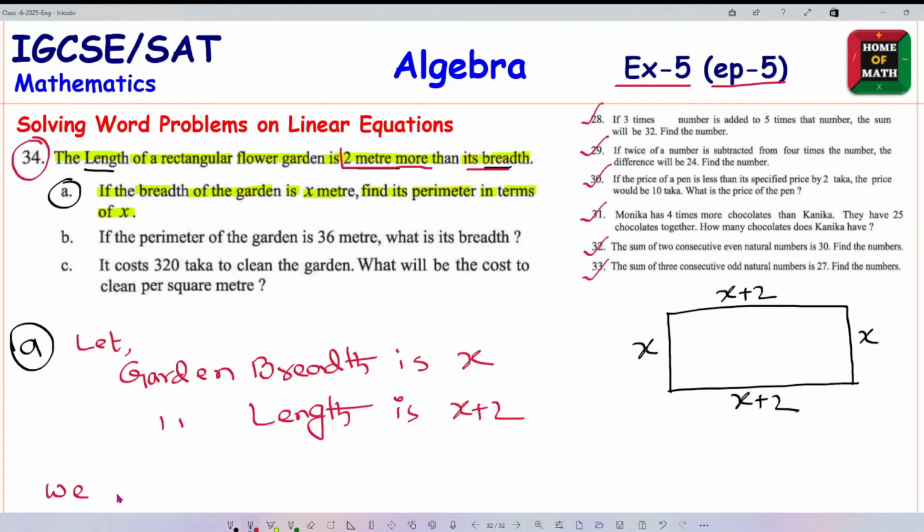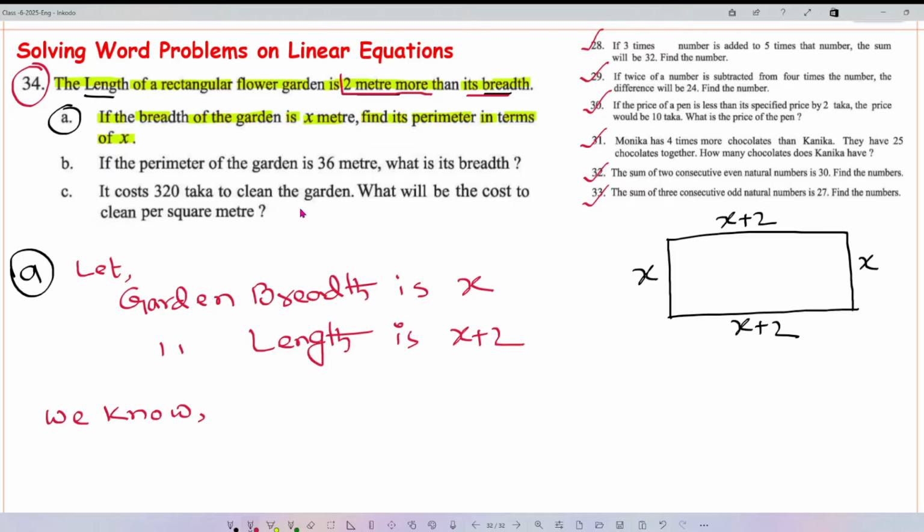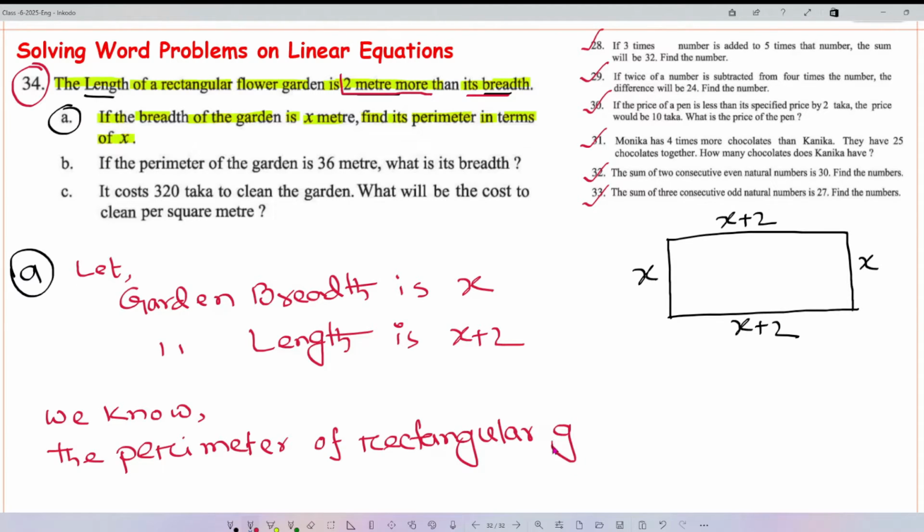We know the perimeter of rectangular garden equals to 2 times length plus breadth.